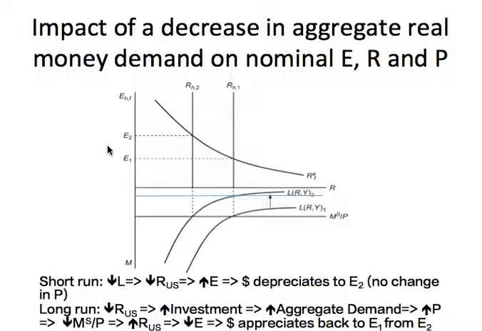The thing is, because interest rate decreases, investment will go up in the economy. As investment goes up, aggregate demand will also go up, because remember, aggregate demand is equal to consumption plus investment plus government expenditure plus net exports. And we know that if the demand goes up, price level rises.